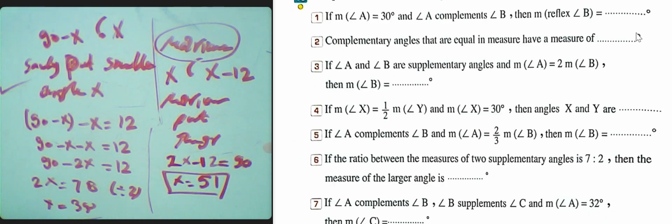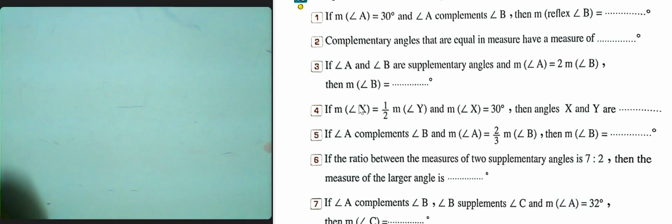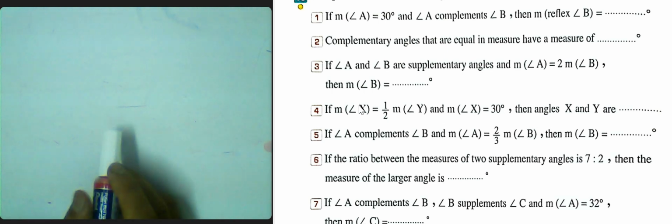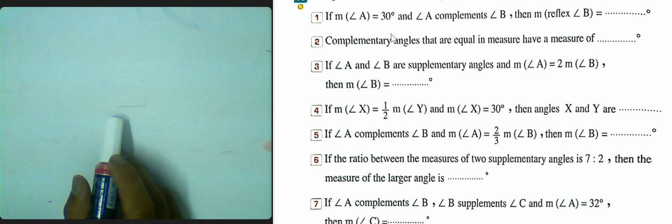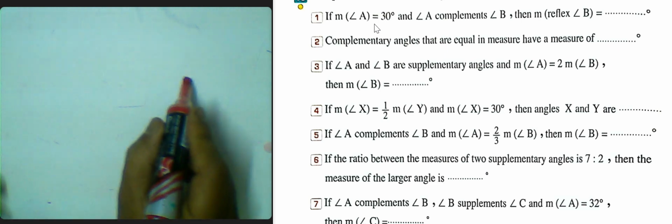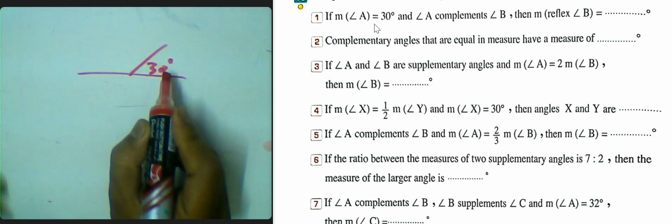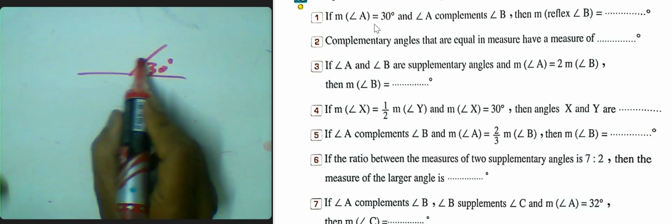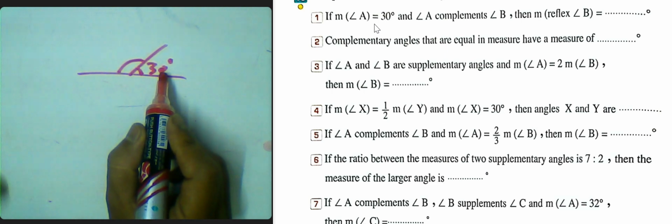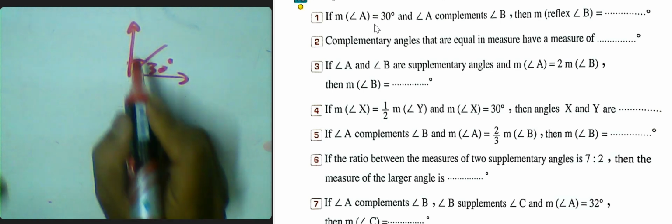Number 1, complete. If the measure of angle A equals 30 degrees, then the measure of reflex B is what? Again he gives us angle A is 30 degrees and B complements A. Complements means the sum of them equals 90 degrees.